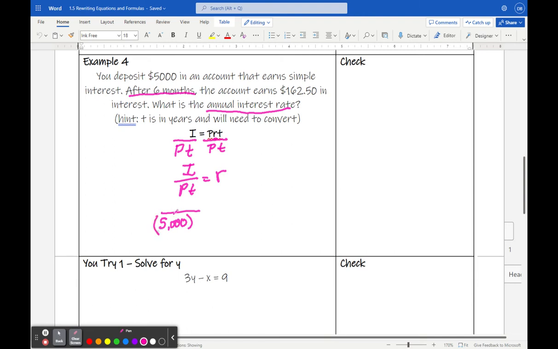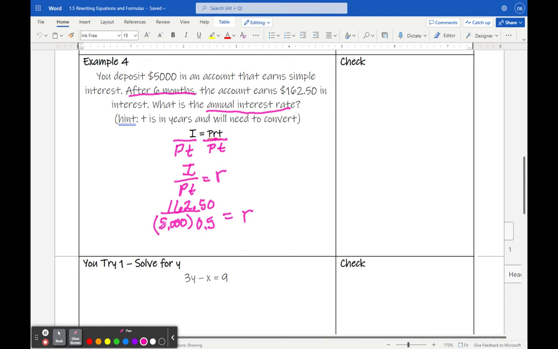After 6 months, now it's normally in years, so 6 months is half of a year, times 0.5. The account earns $162.50. This is the annual interest rate.